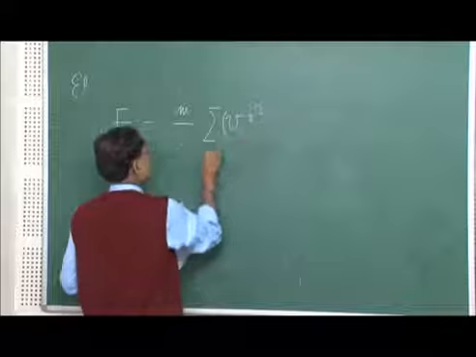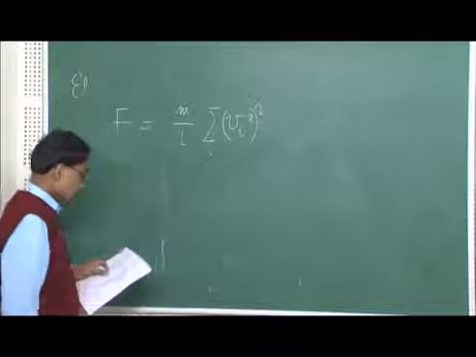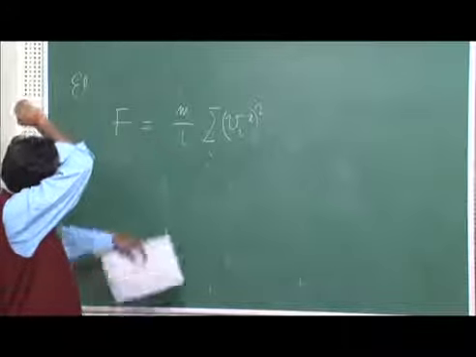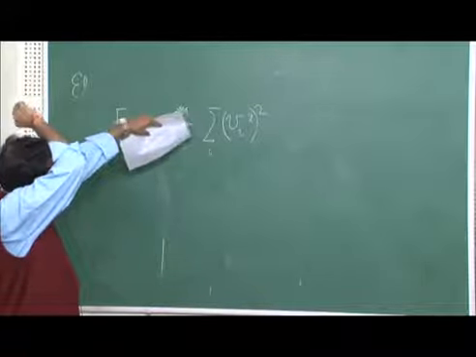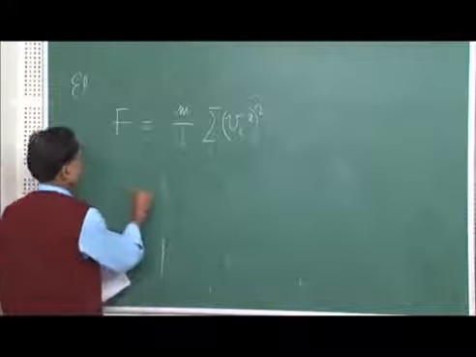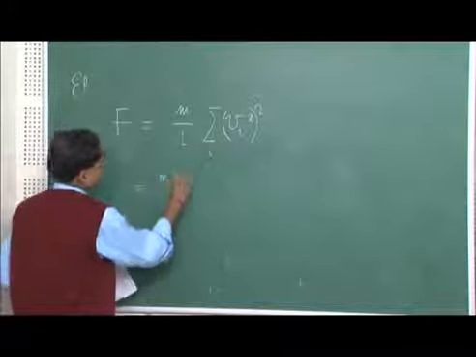This is the net momentum transfer. Now, this is a very important concept. You see, if I have a distribution and I divide it by a quantity n, I will come back to this issue.